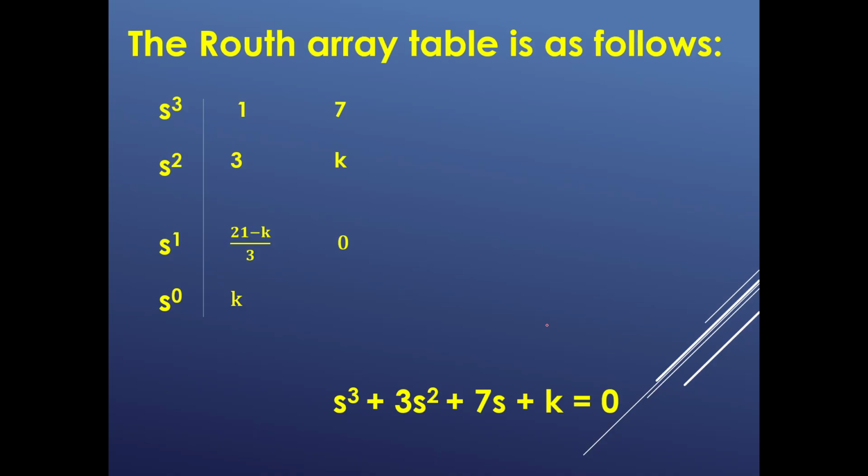After substituting those notations whichever I have assumed, those values are here in the Routh array. This is our third row, this is our fourth row. Here I didn't write 0. If you want, you can write 0 here. Okay, so this is it.